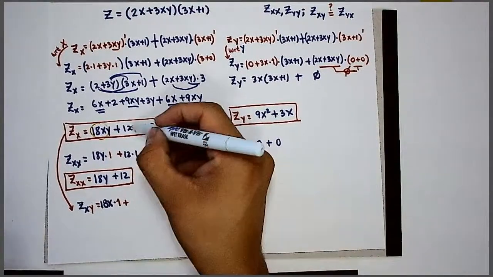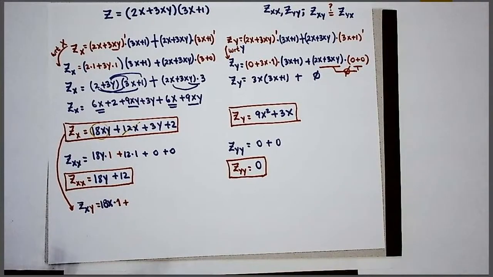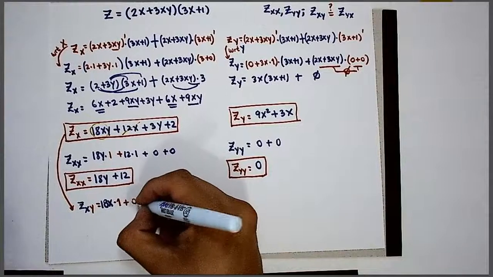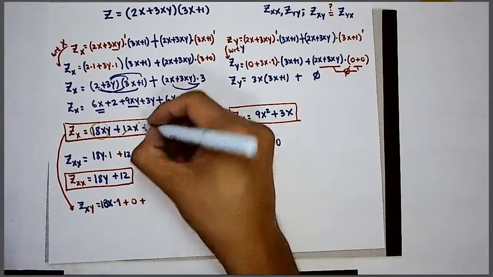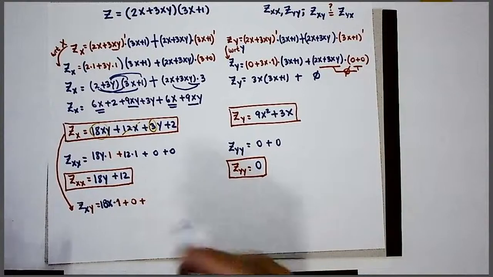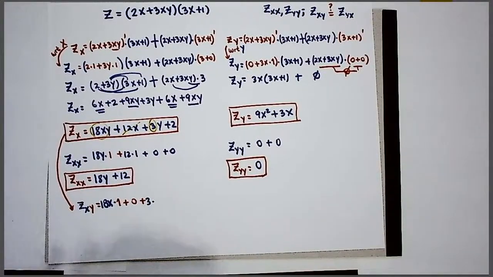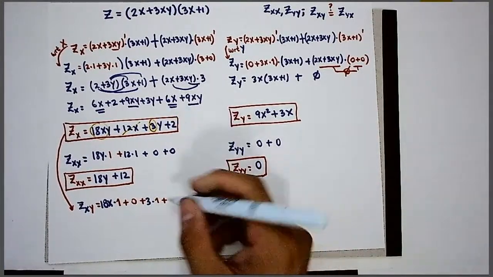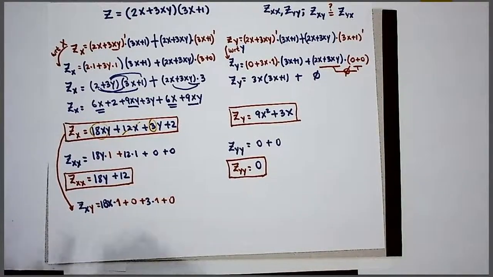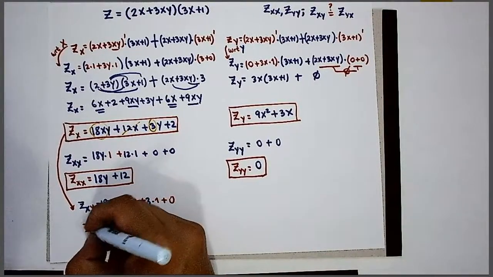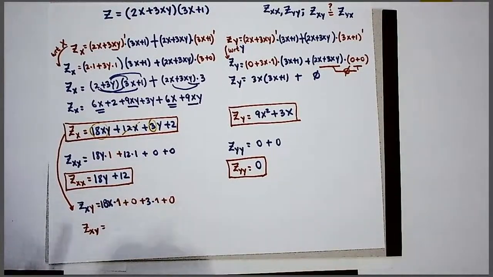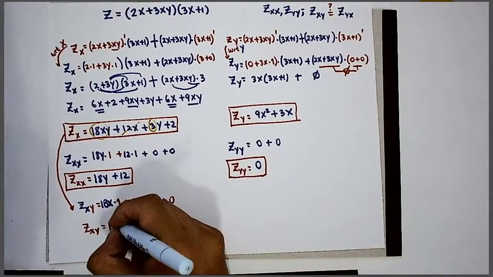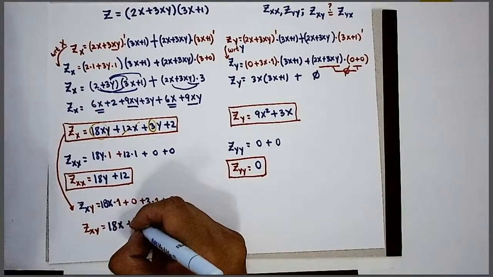In the second term, there is no x, so it's 0, plus here the constant part is 3 times the derivative of y with respect to y, which is 1, plus 2, which is a constant, so the derivative is 0. So this means that the cross partial derivative is equal to 18x plus 3.